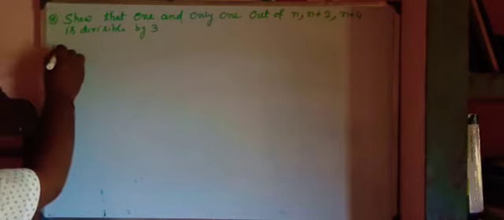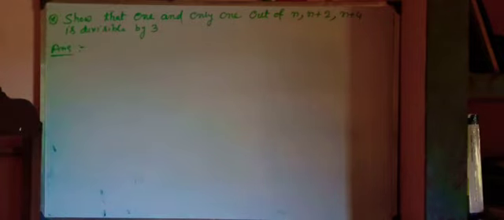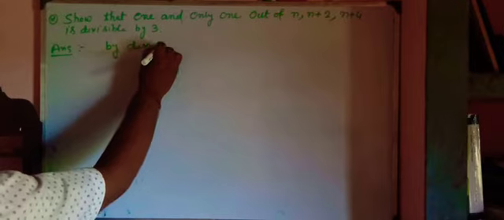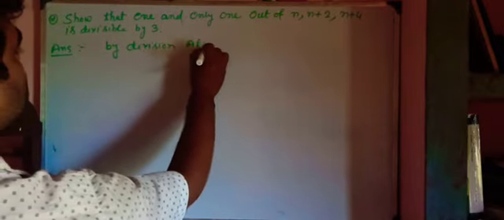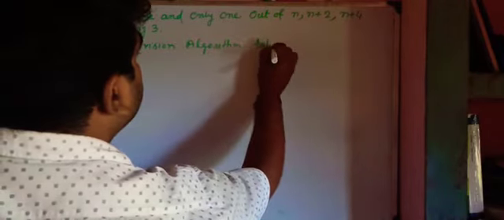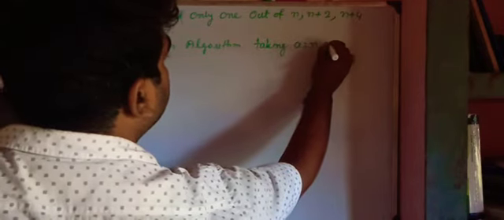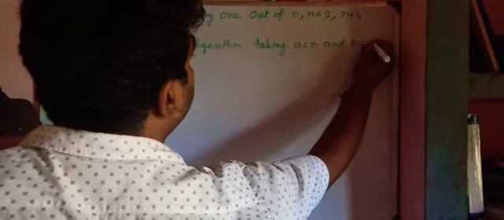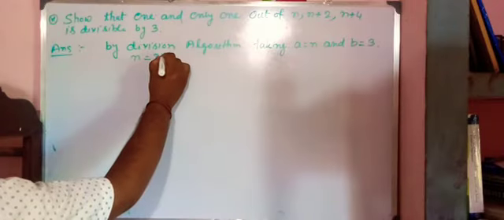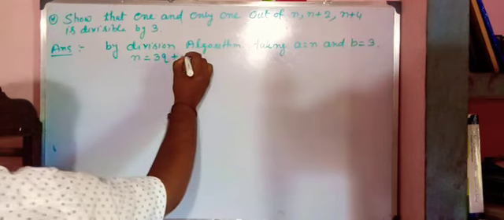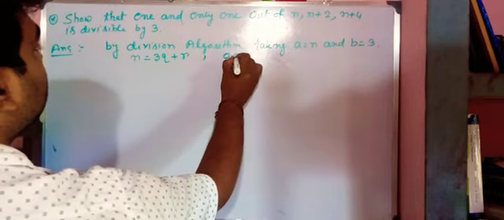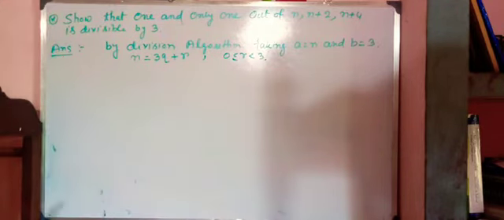Now here again, by the division algorithm, taking a equal to n and b equal to 3, we get n is equal to 3q plus r, where 0 less than or equal to r less than 3.